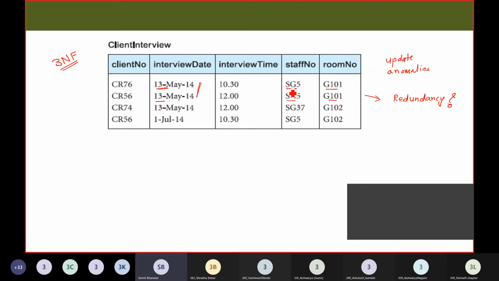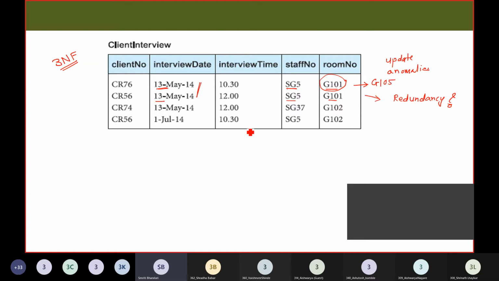So say for example, for this staff SG5 on 13th May, earlier this staff on this day was allocated G101. But now, due to some reason, that room number needs to be changed to, say, G105.